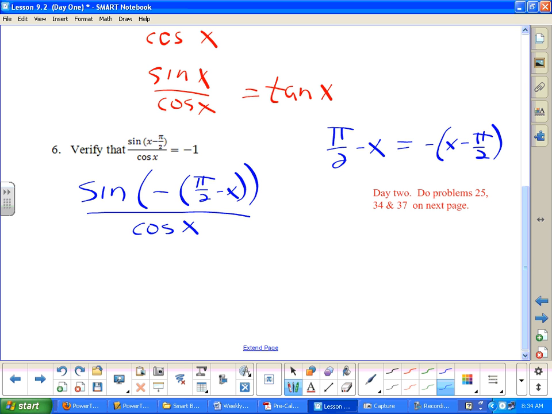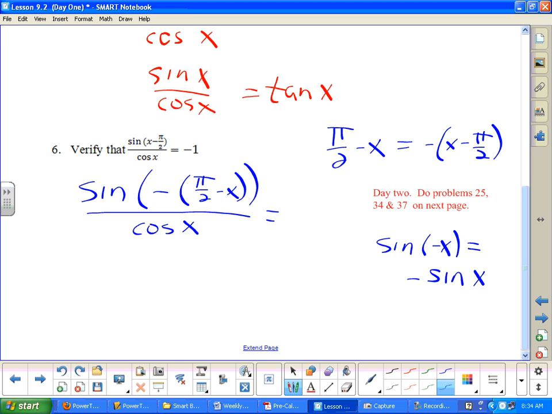what is the identity for negative sine? Sine of negative x equals what? Sine of negative x is equal to negative sine of x.